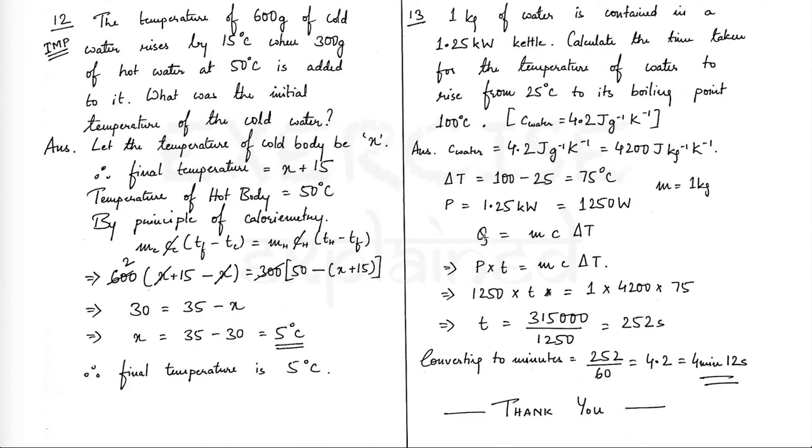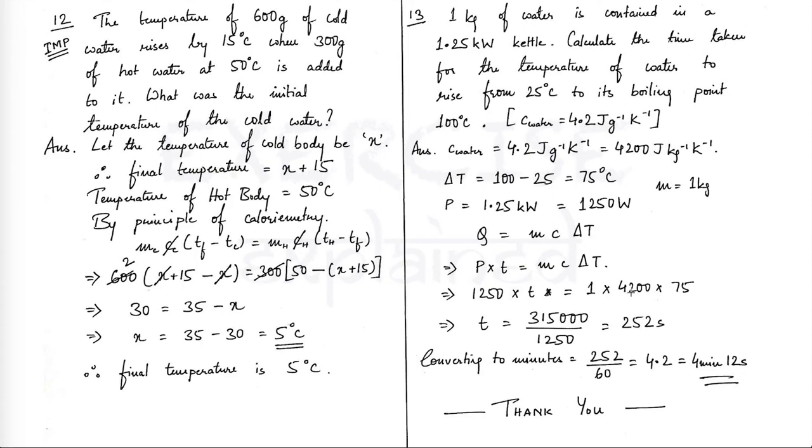So we know the formula Q is equal to MC delta T. Now Q can be written as P into T because work done divided by time is nothing but power. So power into time is nothing but work done, which is nothing but heat. So power into time is equal to MC delta T. Power is given as 1250 into time, which we need to find out, is equal to mass given as 1 into specific heat capacity given as 4200 into delta T, which we found out to be 75.